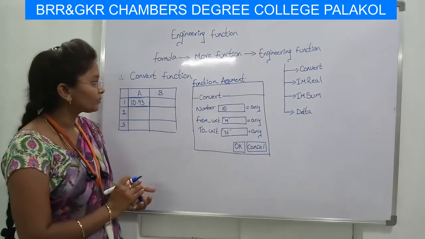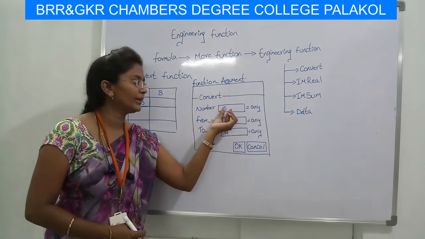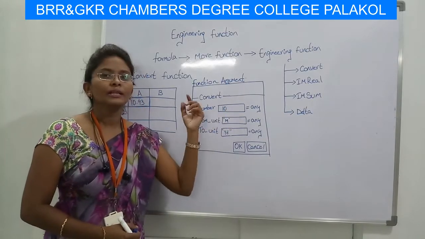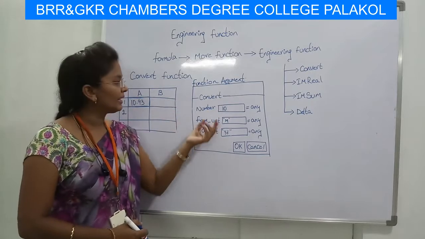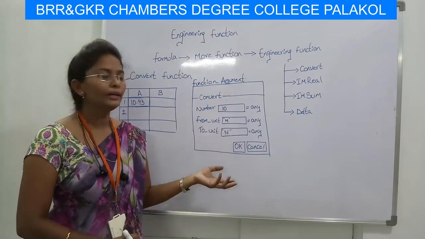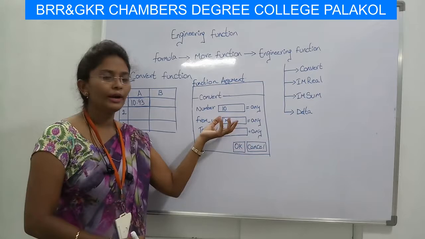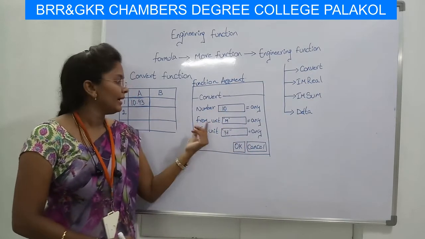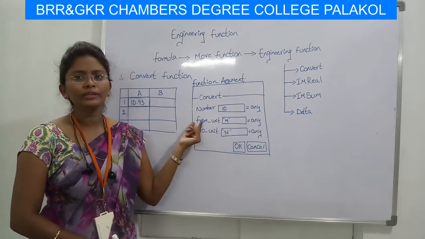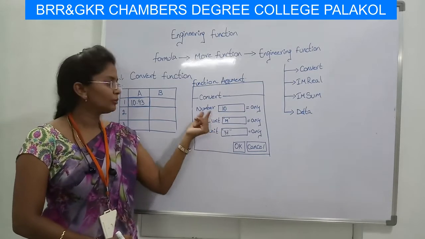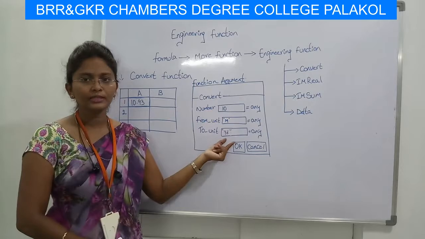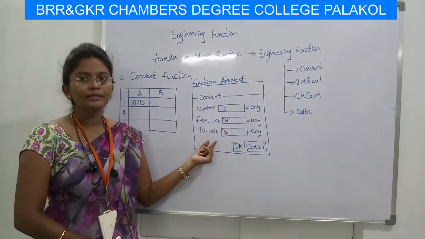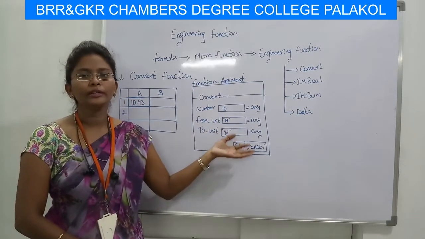And here, whatever the number you are taking in this box, that is your wish. You can take 20, 30 or 100, whatever number you have in your mind, that number can be typed here. And from unit is the current unit, that means 10 is in meters now, and to unit is the unit you want to convert into.